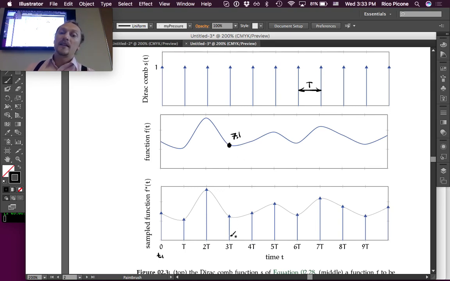What we're saying is that now our sampled function, f star, which is defined by all of these scaled Dirac delta functions, has its 3t pulse now has strength 7.1.